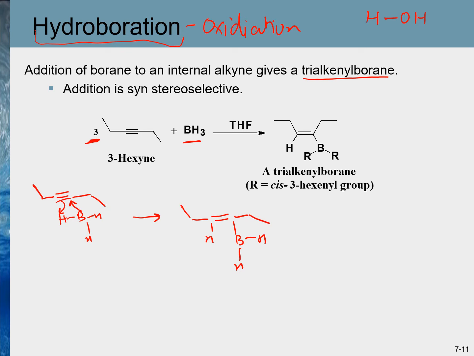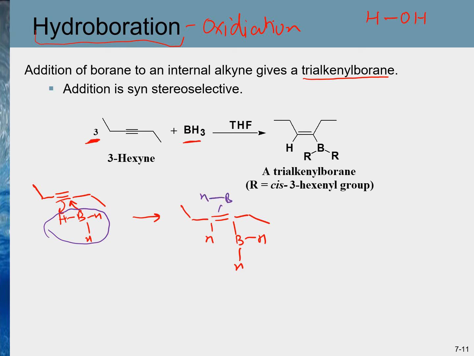Now there are a couple of things which should be noted. Once one boron is added to the triple bond and we get the product, although there is another pi bond available here, another addition of boron does not take place.